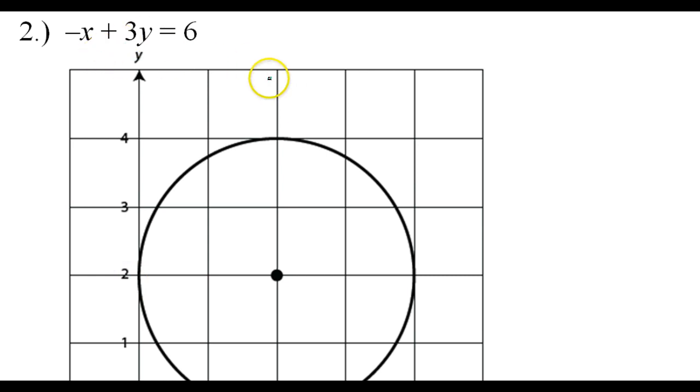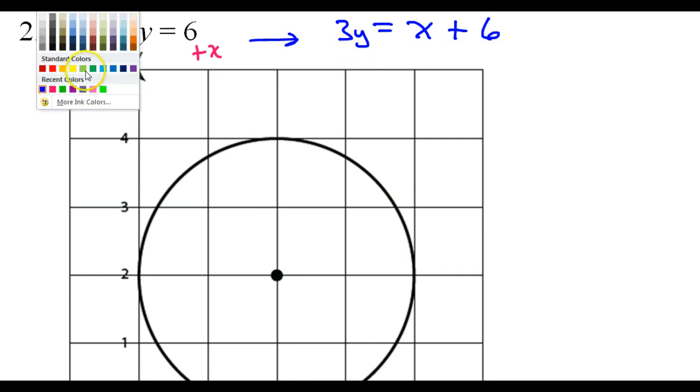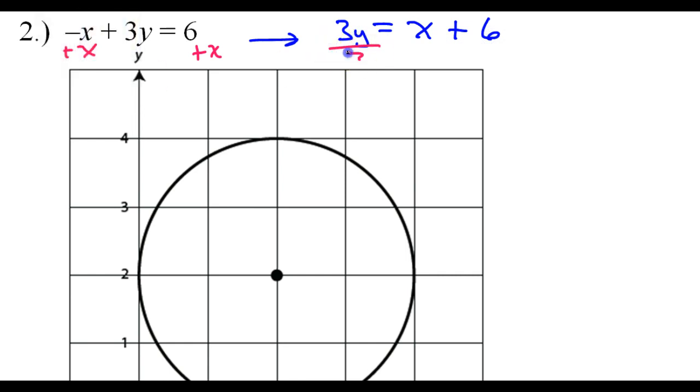Alright, let's do the same thing with number 2. Let us add x to both sides. So that's going to give us 3y is equal to x plus 6. Now let us divide by 3.